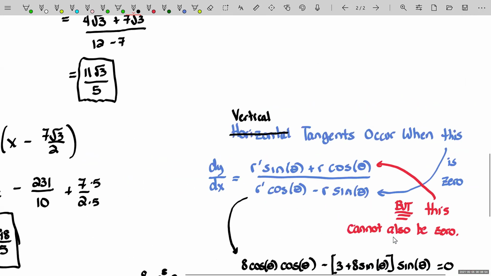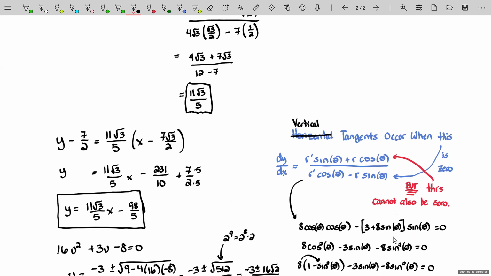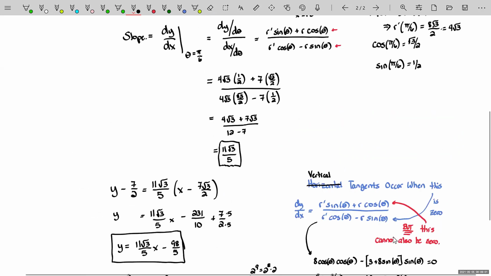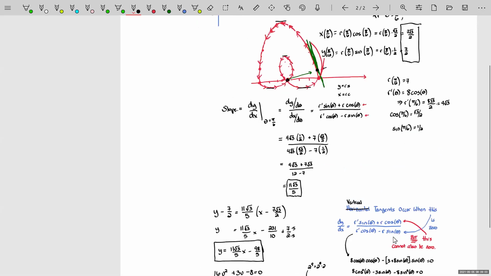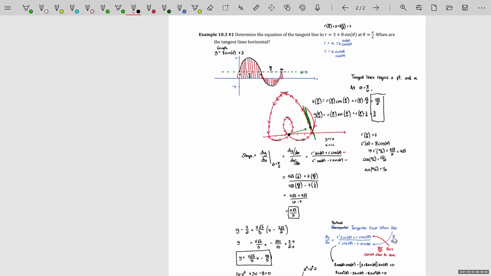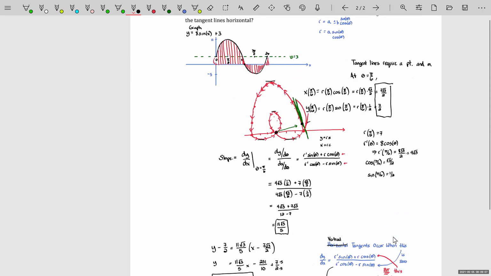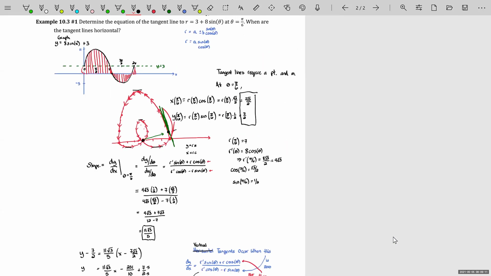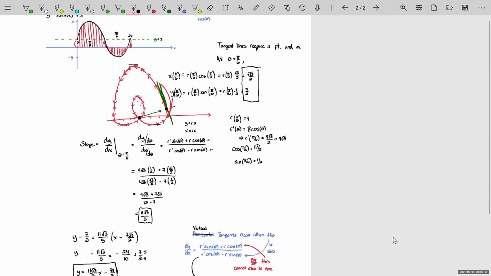Not a big deal because we've done most of the lion's share of that, but I would like to actually do the easier one because that's the only kind I would ever ask. Let's do the horizontal tangents, the real horizontal tangents, where the numerator of our derivative is 0.